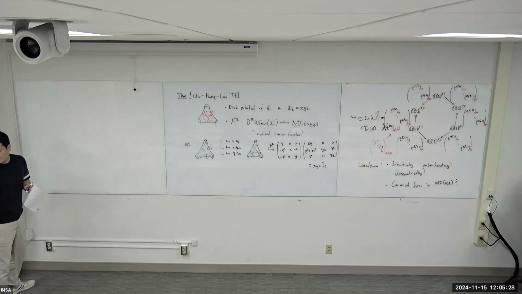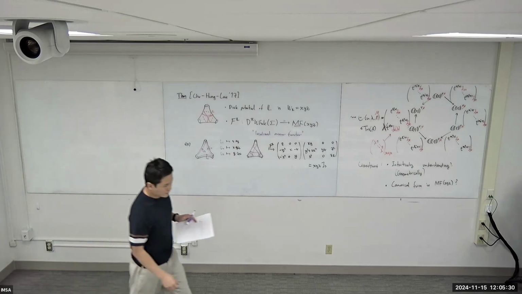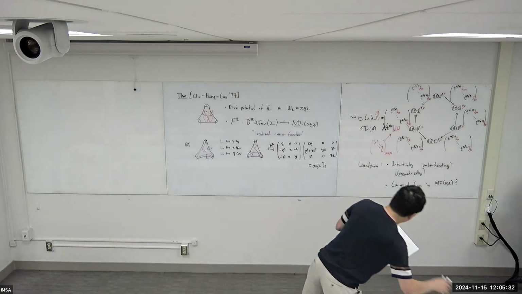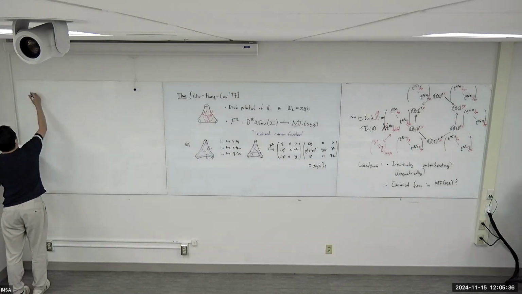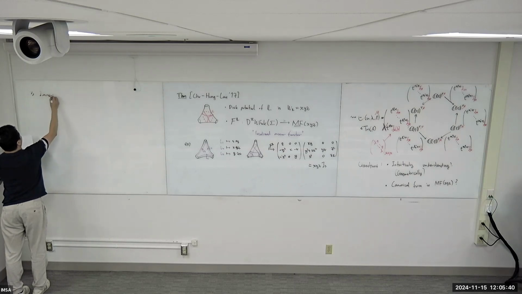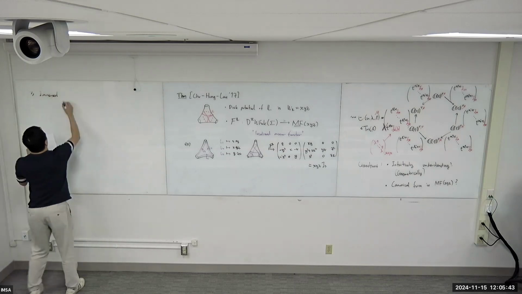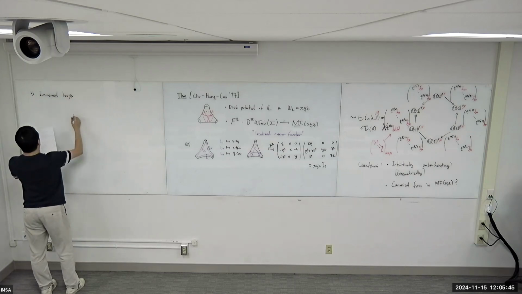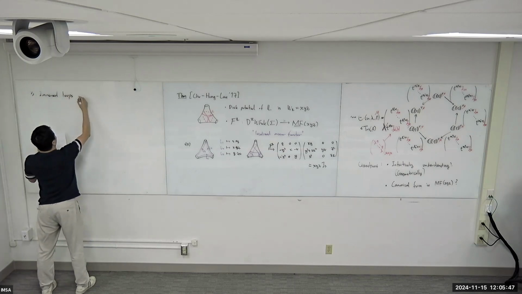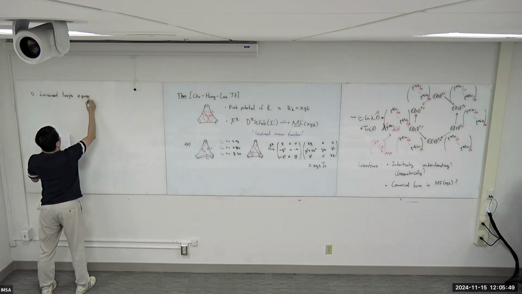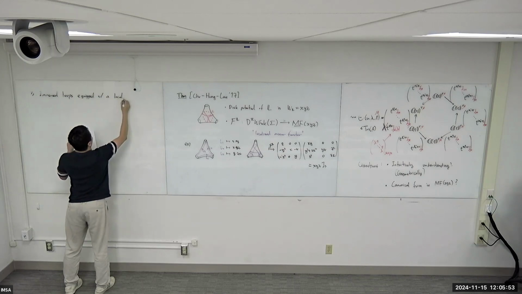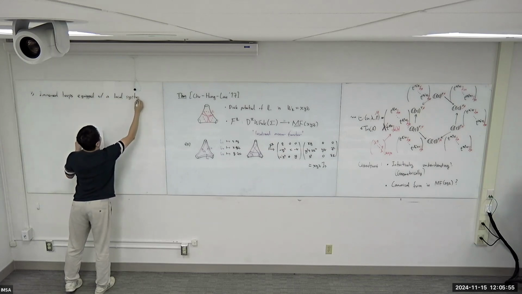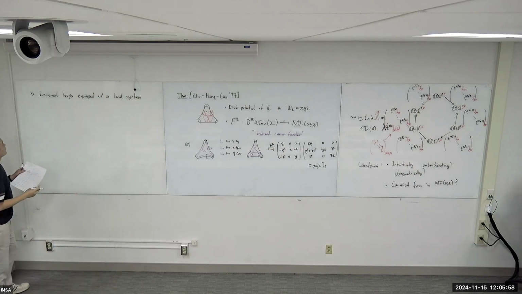So now, to get more complicated examples of matrix factorizations, we consider any immersed loops with a local system, which I will explain now.